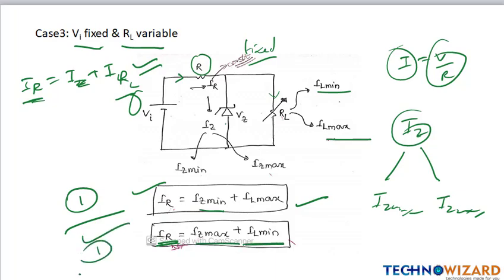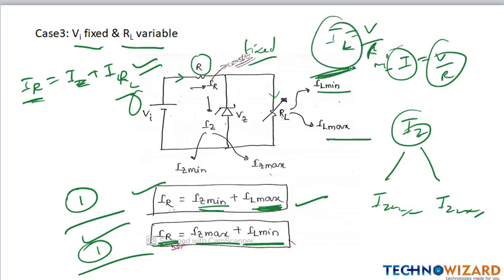Now you will say, sir, we have taken IZ minimum here, but here we have taken IL max, not IL minimum. You know that I is equal to V upon R. When R is minimum, then only IL is maximum, because I is inversely proportional to R. Therefore IR is equal to IZ minimum plus IL max.